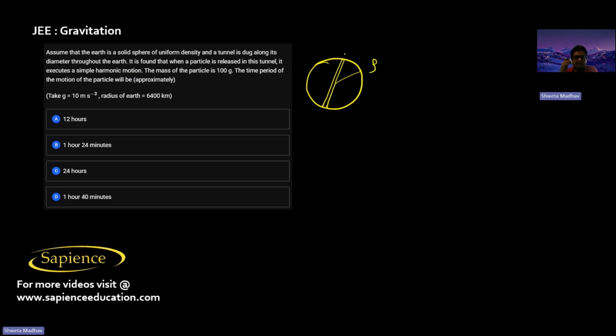The mass of the particle is 100 gram. The time period of motion of the particle will be approximately what?